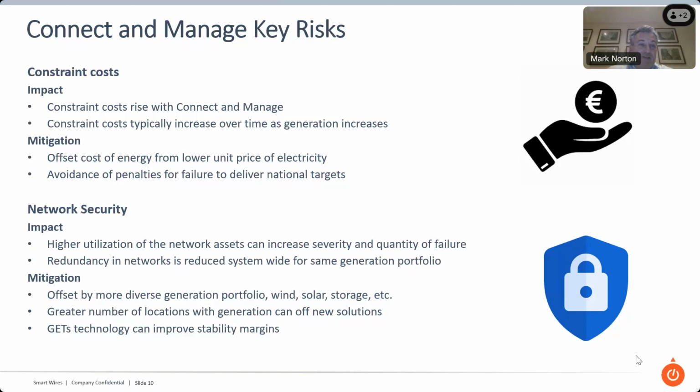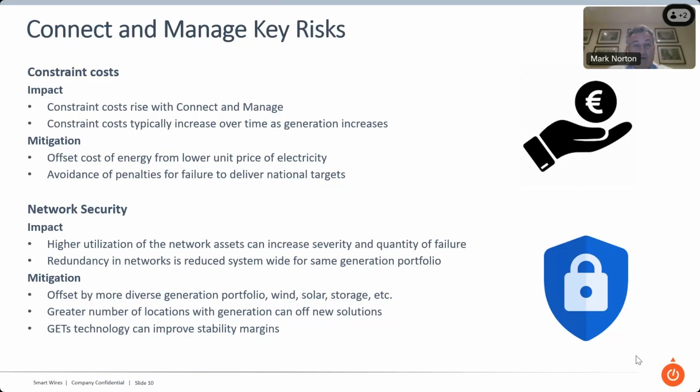And a secondary thing, and certainly it's a concern in and around Europe, is the fact that there are penalties for failure to deliver national targets. In July this year, France were at risk of not delivering their renewable targets.